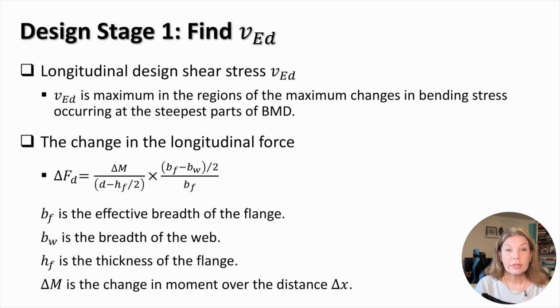The longitudinal design shear stress, VED, is maximum in the regions of the maximum changes in the bending stress occurring at the steepest parts of the bending moment diagram. The change in the longitudinal force, delta Fd, can be calculated as the change in bending moment divided by the lever arm between the forces in the flanges and the web and multiplied by the ratio between the clear flange breadth and the web breadth.